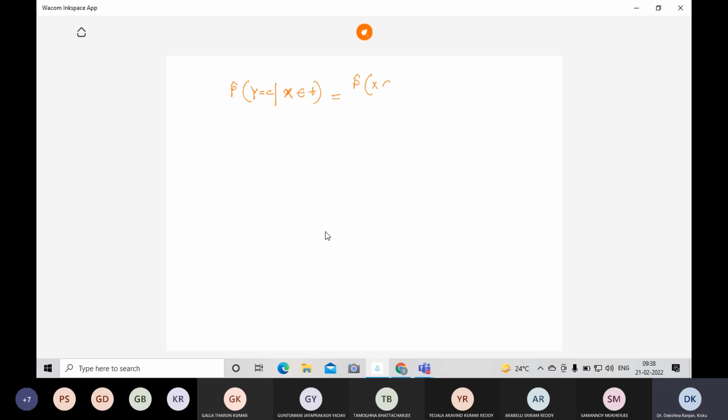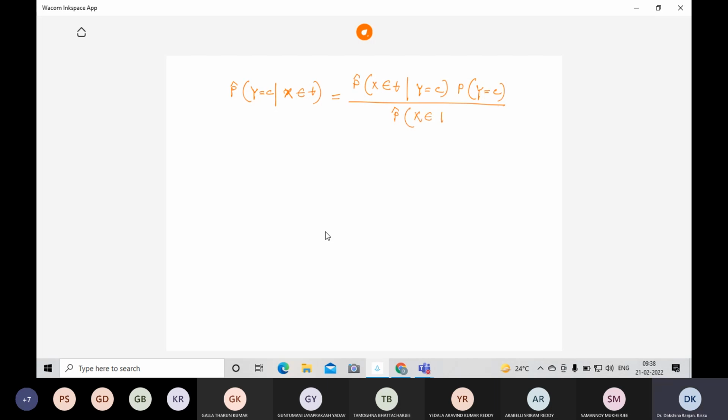So this is given by the probability of X belongs to T given class information C, multiplied by the probability of Y equals C. Here the probability Y equals C is the prior probability or marginal probability, and this is divided by the evidence.